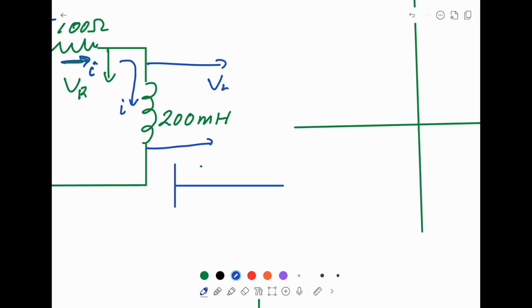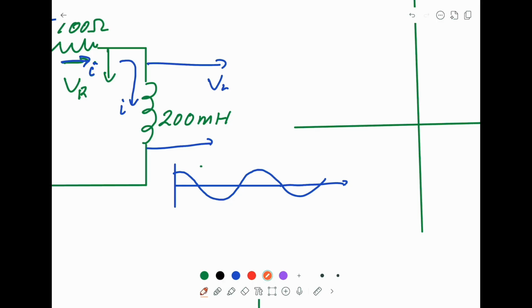We can assume the current as a cosine function first. So if this is the current, like a cosine wave, we'll find the voltage is 90 degree lead the current.